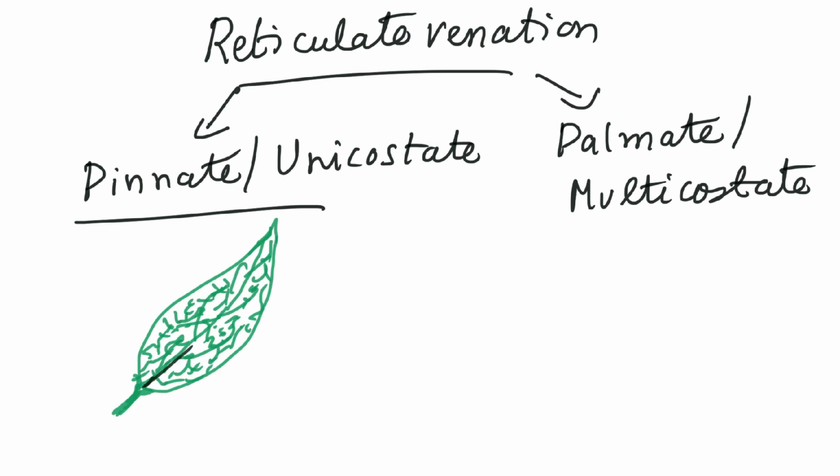And important examples of this kind of venation, the pinnate or unicostate, are peepal, that is Ficus religiosa, and hibiscus, the botanical name is Hibiscus rosa-sinensis.